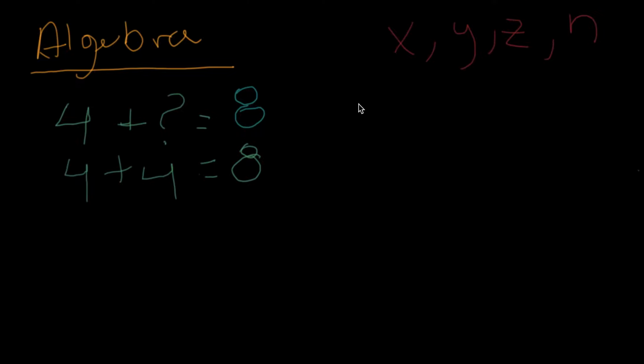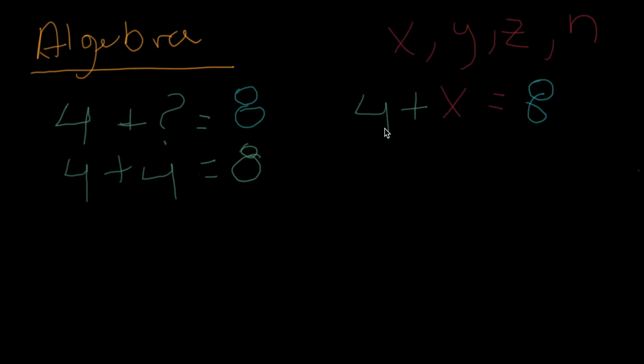Let's say we have 4 plus x. Make it simple. We'll use 4 plus x is equal to 8 as well. When we introduce a variable, you want to solve for the variable. And how do we solve for the variable? Well, to the left of the variable, we have a positive 4, and we're adding that to the x. We want to do the inverse operation. You want to do the reverse of what you're seeing.